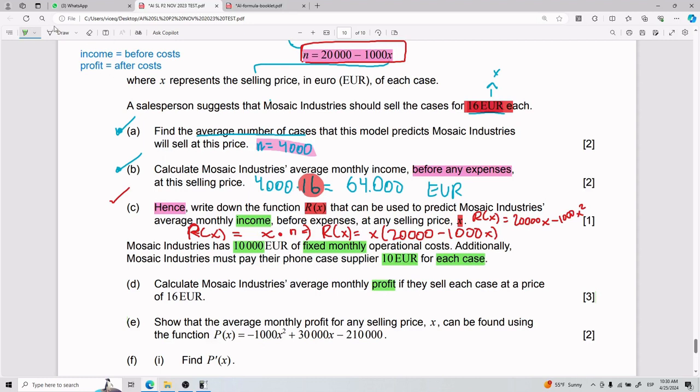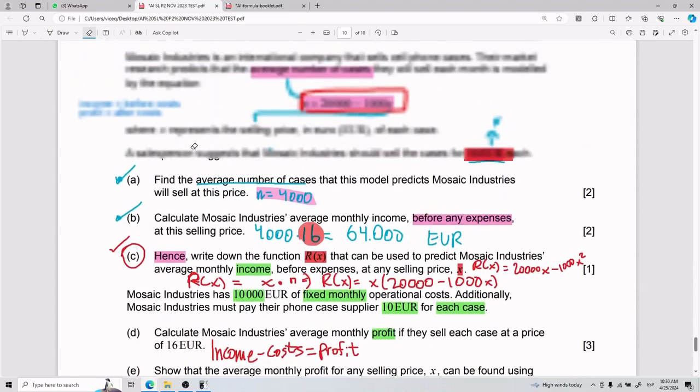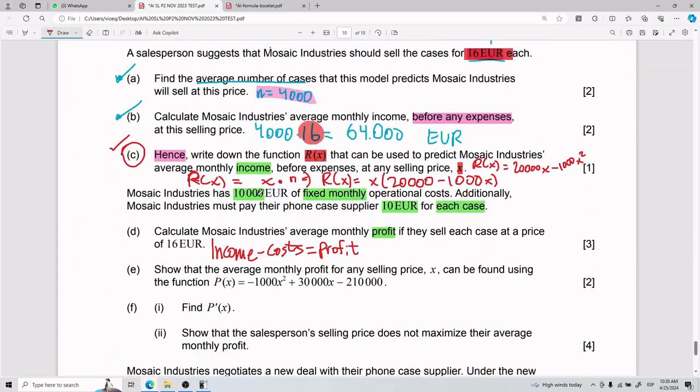One way to do this, which I think is the most friendly one, is that you can do your income minus your costs, which gives you your profit. Okay? And I already have a function for income from part C. There's not a lot of space here, but whatever, I can do it up here.